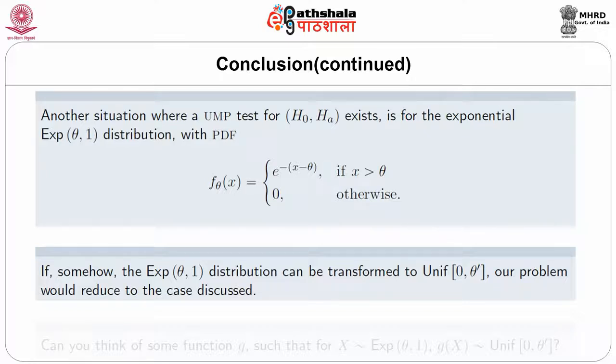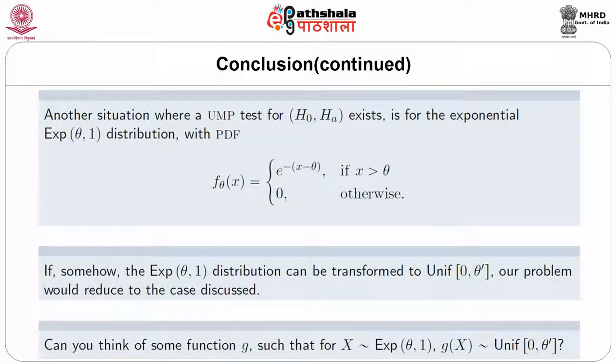So, uniformly most powerful tests are available for mu less than mu naught and mu greater than mu naught, but they are entirely different. So, you cannot find a uniformly most powerful test for testing mu equals mu naught against mu not equal to mu naught. But here you find a uniformly most powerful test against a two-sided alternative.